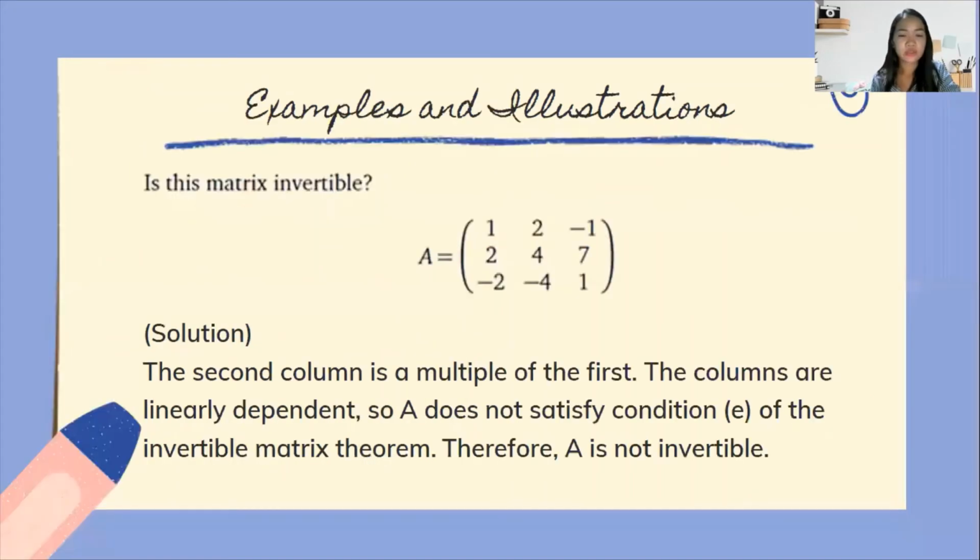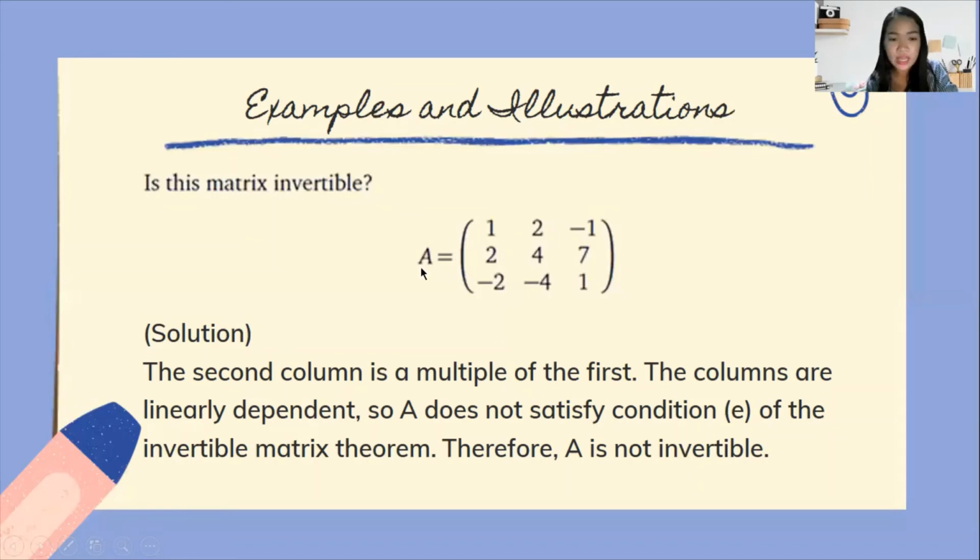Okay, so examples and illustrations. So I have here examples. Is this matrix invertible? Here we have the solution. We have here A and the values of our matrix. For the solution, the second column is a multiple of the first, so the columns are linearly dependent.